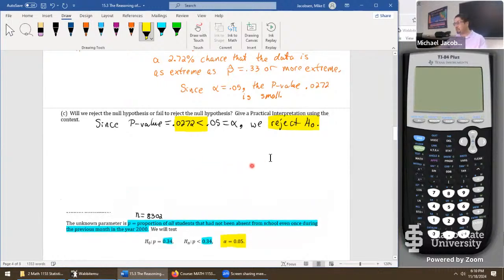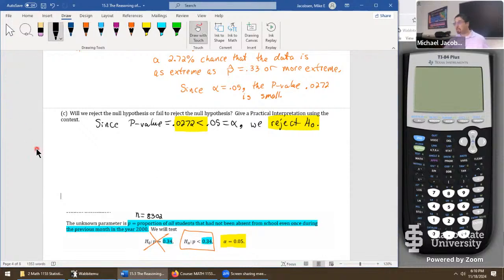So here's how it goes. We said right here, we're rejecting H naught. That means the truth about the population is this one, and we have to say exactly what that means right here.